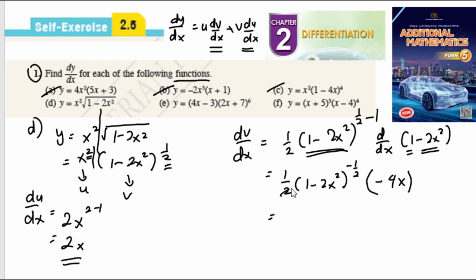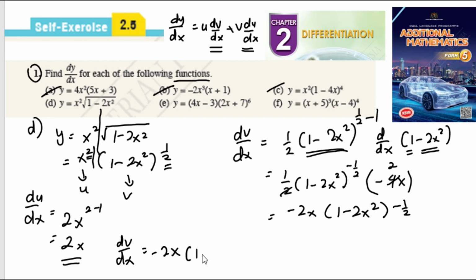Half and negative 4 can be cut off into 2, so you get negative 2x times 1 minus 2x squared to the power of negative half. So I want to write here dv over dx is equal to negative 2x times 1 minus 2x squared to the power of negative half.